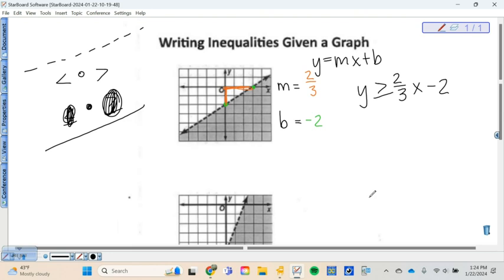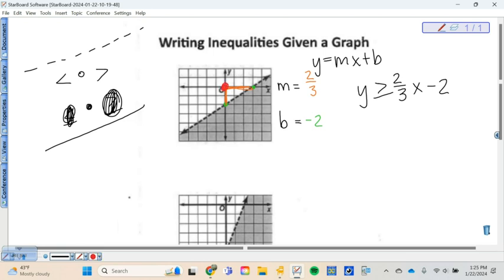And do you think this is shaded above the line or below the line? You think it's above? You think it's below? It's kind of hard to tell, isn't it? Sometimes it's very clear and other times I'm not totally sure. So what we can do is use a point, just like we did earlier.